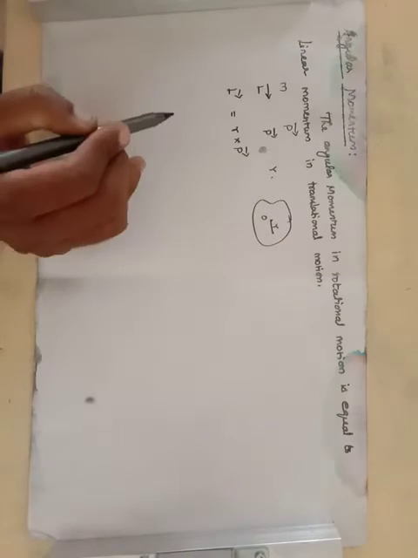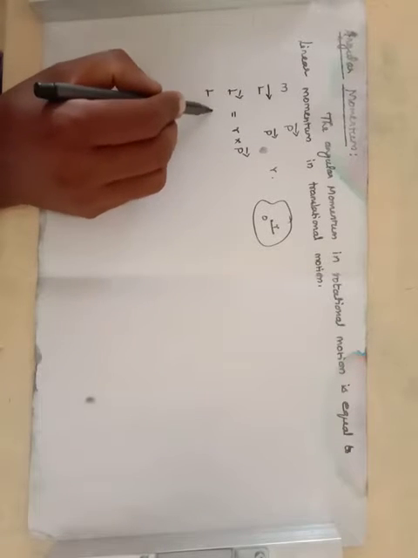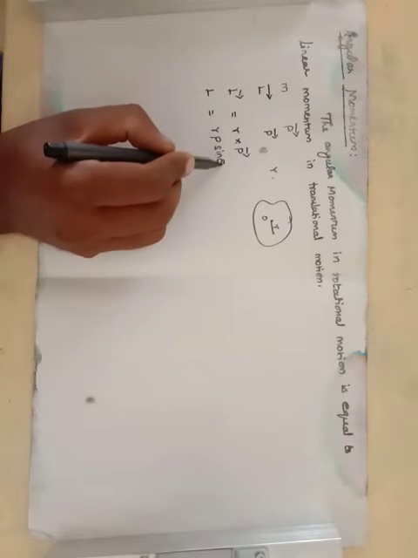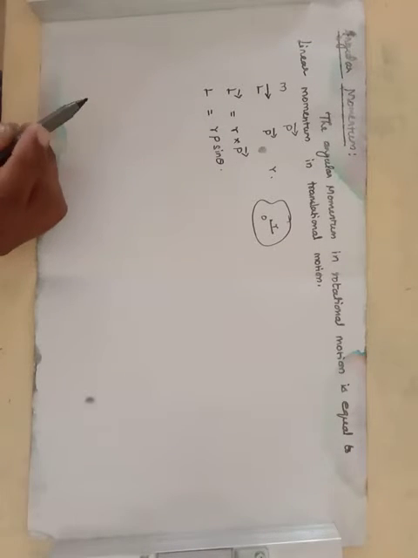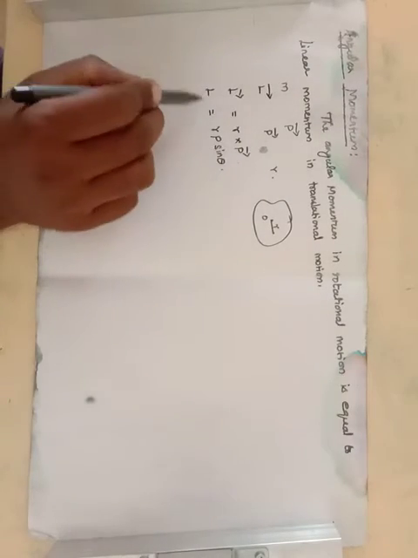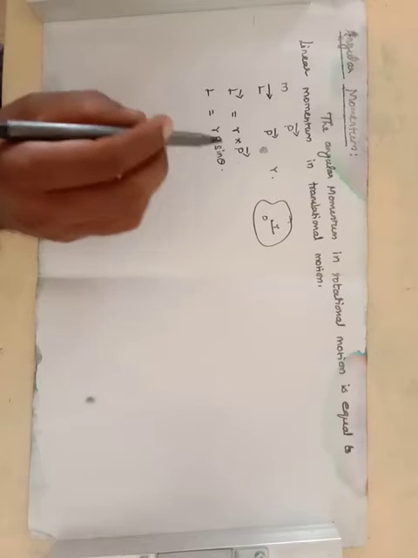So the magnitude of the angular momentum can be written as L is equal to r p sin theta. If the linear momentum is making an angle, we can write L is equal to r into p sin theta.